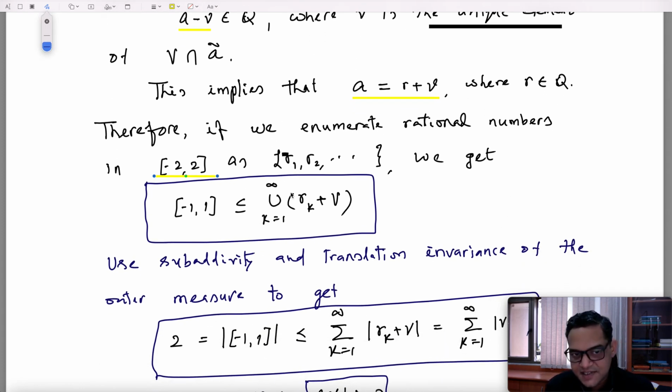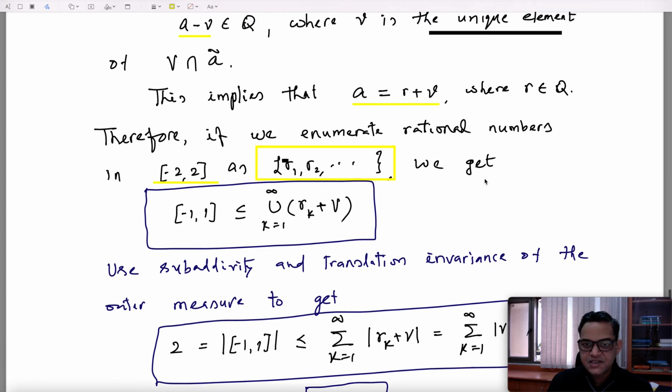But we know that the rational numbers are countably many. So in this interval, where the rationals which depend on A and V are going to lie, we basically enumerate these rationals as R1, R2 and so on.